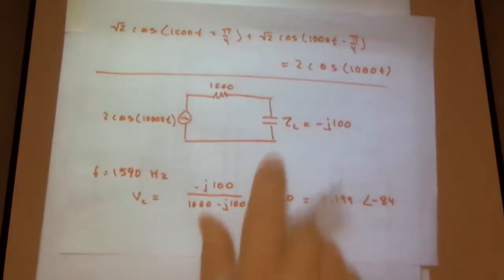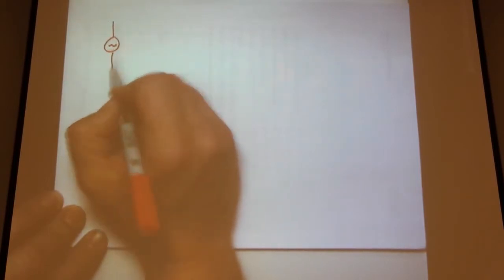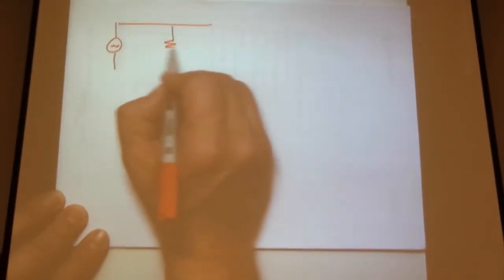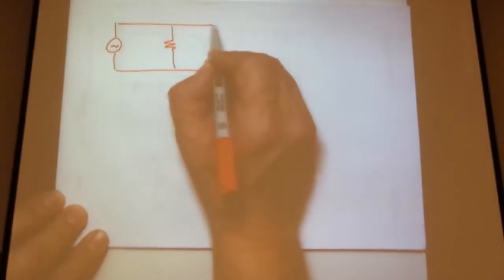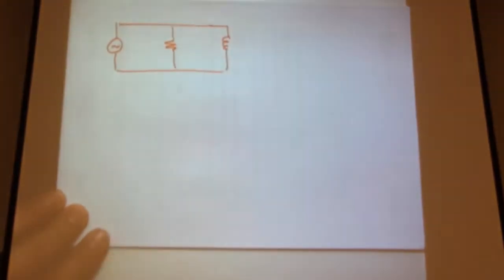On the same token, if we write this, let's put that there. So let's look at our other similar circuit. We don't do RL circuits enough, so let's look at this one.